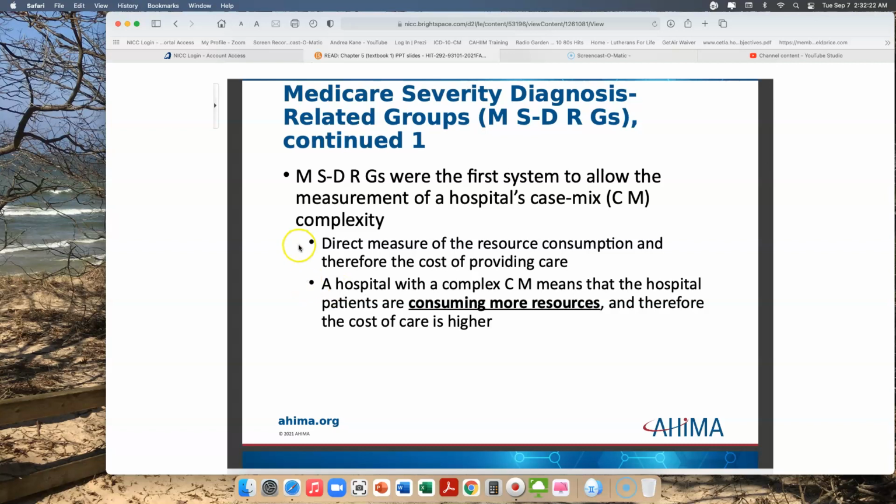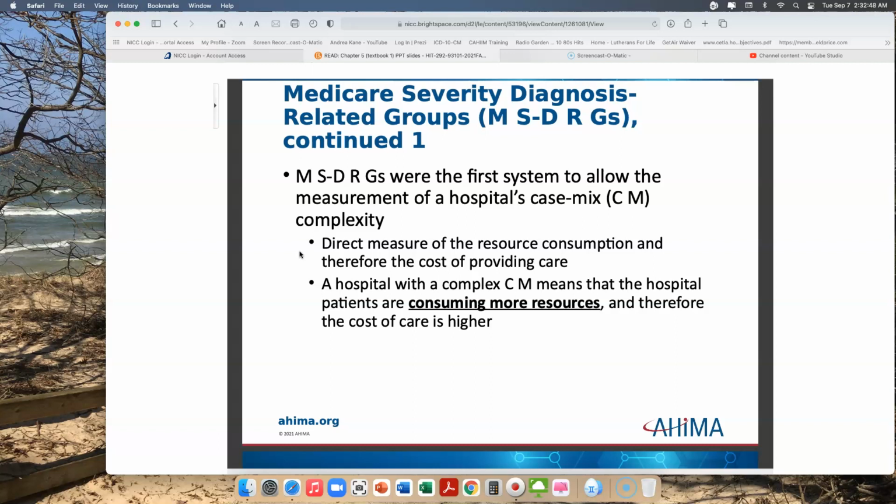Direct measure of the resource consumption and therefore cost of providing care was integrated, and a hospital with a complex case mix means that the hospital's patients are consuming more resources and therefore the cost of care is higher. A good example of this would be to compare your community hospital, the closest community hospital, with a University of Iowa, Iowa City, or a Mayo Clinic.